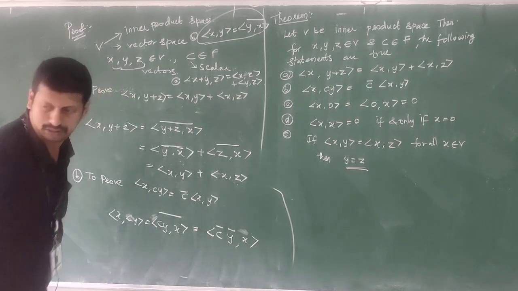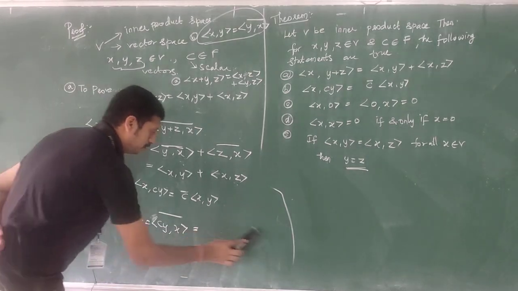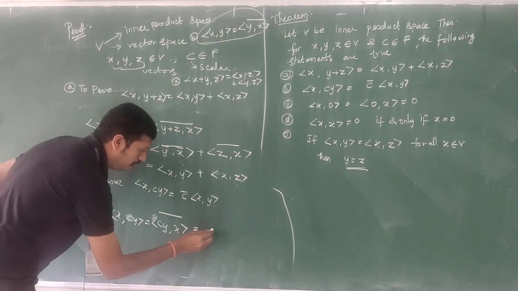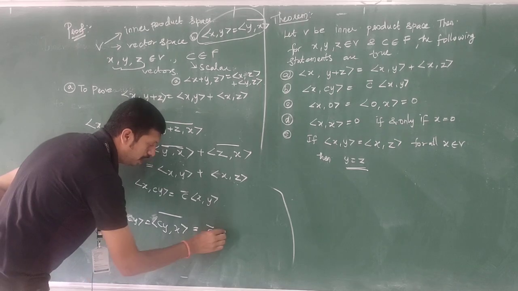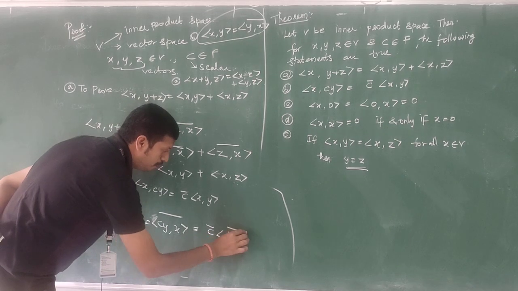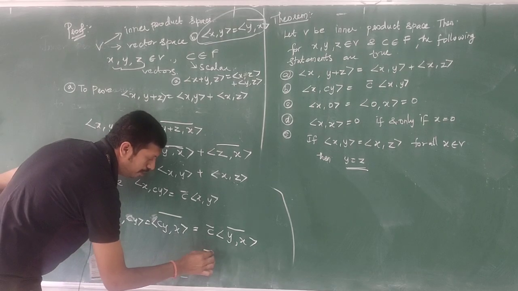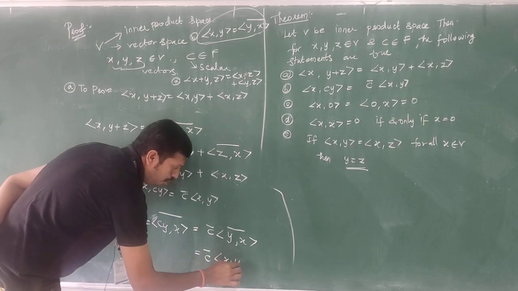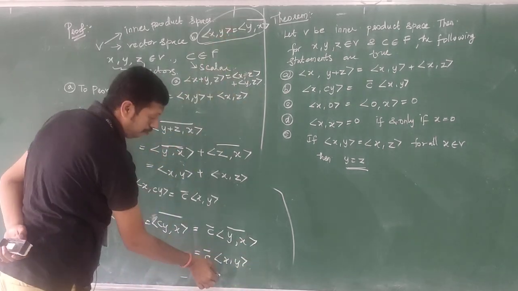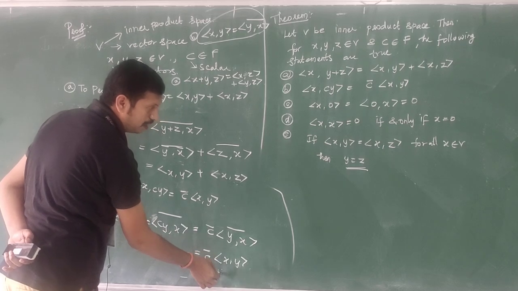No, wait a minute, sorry. So, we have to take c bar out and we have to write that one as y bar comma x. So, now c bar is x comma y. Again we have to apply this property and we will get this one. Okay.